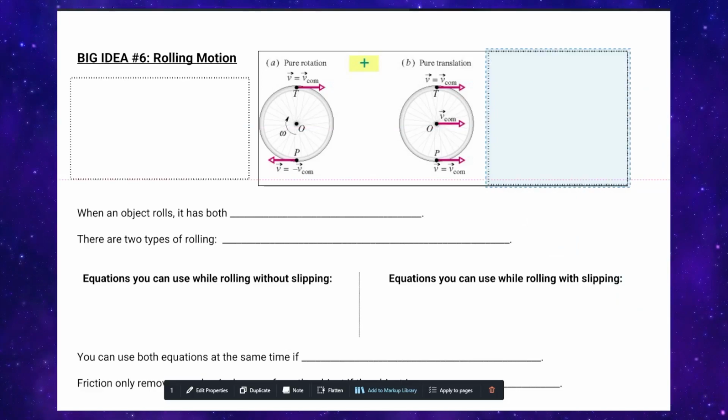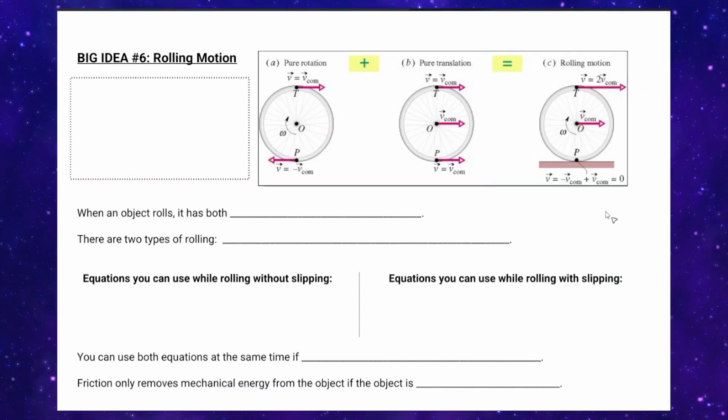For an object that's rolling without slipping, I should say, the top of the wheel is moving at twice the velocity that the overall object is moving with, which is this singular velocity down here. At the same time, the bottom of the wheel technically is not moving at all relative to the surface that the object's rolling on.